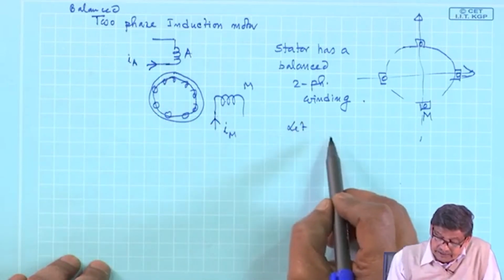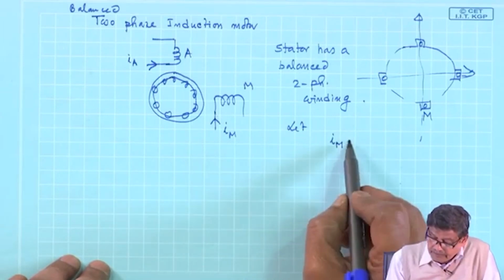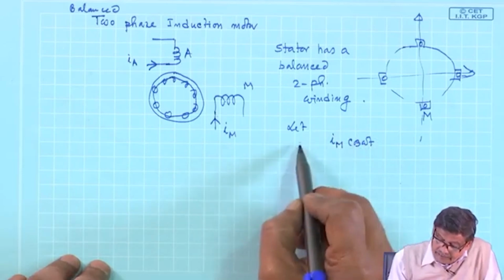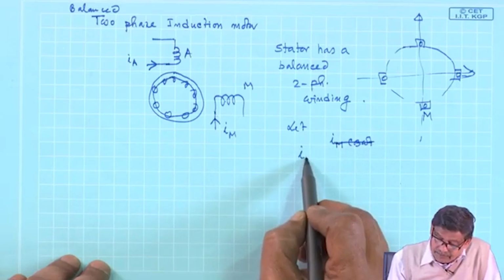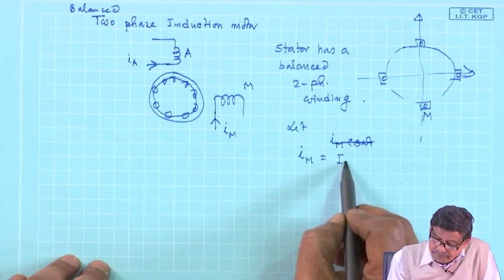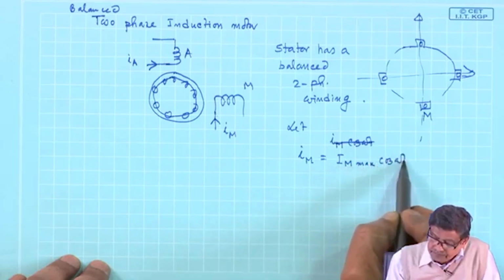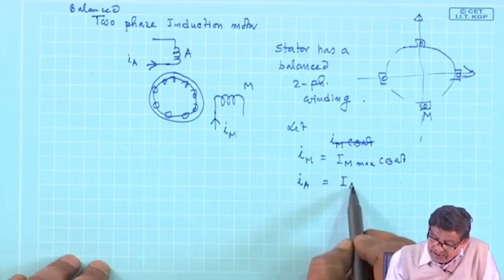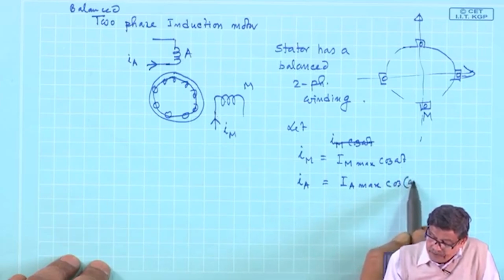Let I m be equal to I m max cos omega t, and I a equal to I a max cos (omega t plus 90 degree).